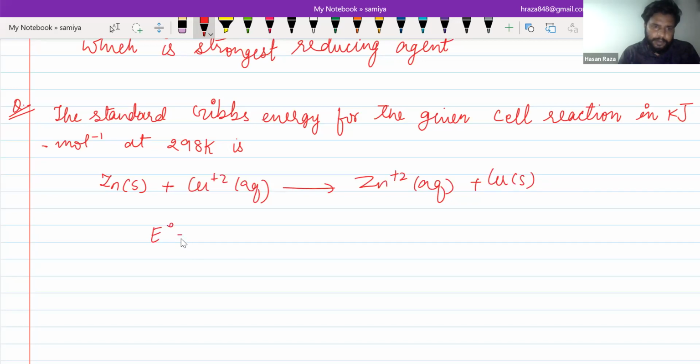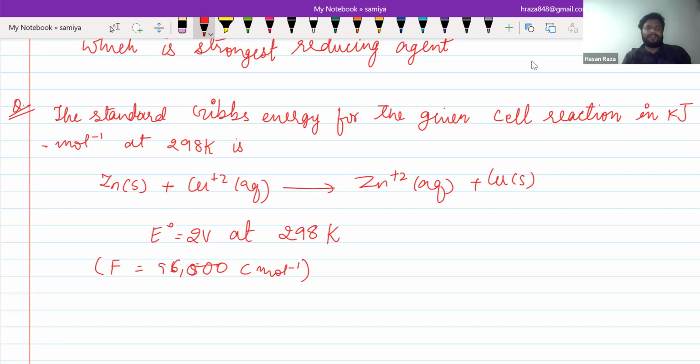E naught has a value 2 volt at 298 Kelvin, and it is given that Faraday's constant has a value 96,000 coulomb per mole. Please calculate the value of delta G naught. Very easy question.